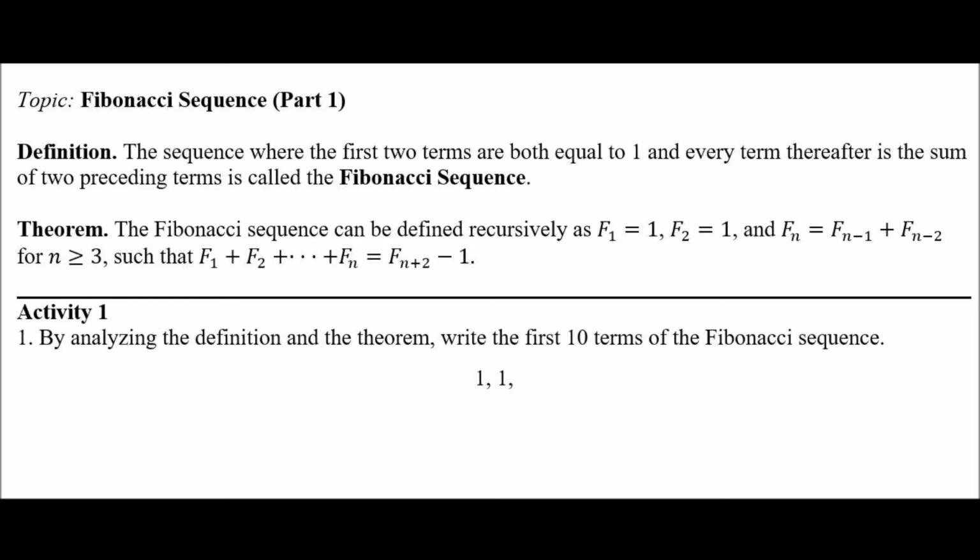So here, we already have two terms. To find the third term, we just need to add the first two terms, namely 1 and 1. So 1 plus 1 is 2. So we already have our third term, and it will just continually happen until we have the first 10 terms.